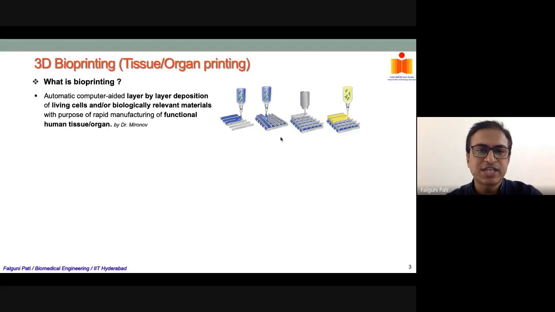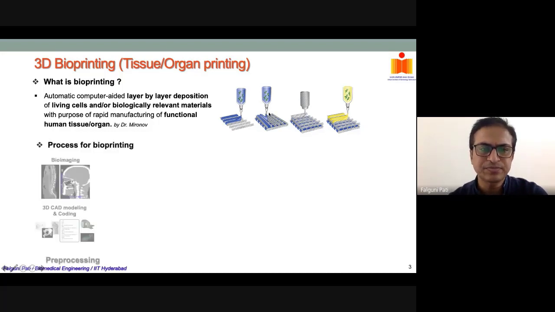There are various types of bioprinting approaches, but in a nutshell, in a layer-by-layer manner we print cells plus matrix materials and come up with a functional tissue construct. The typical 3D printing process starts with CAD modeling, where we develop a solid model using any CAD software.